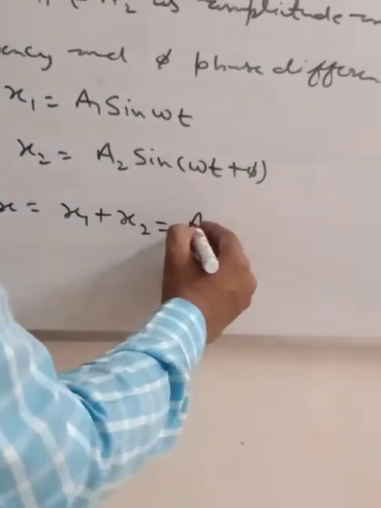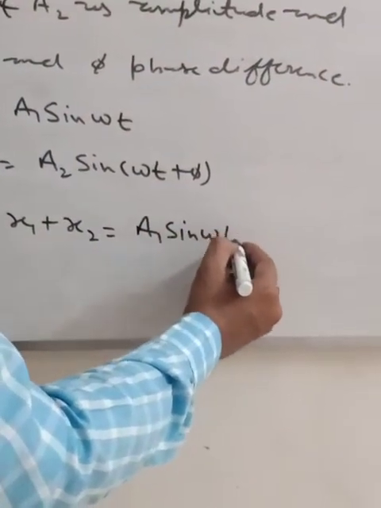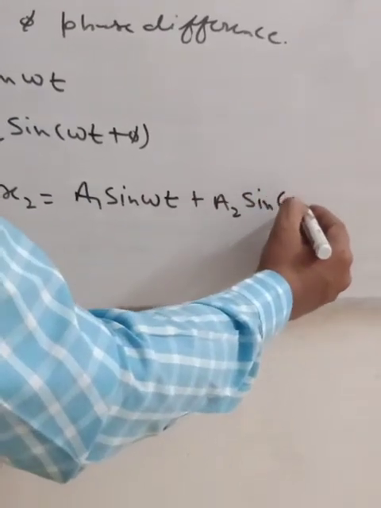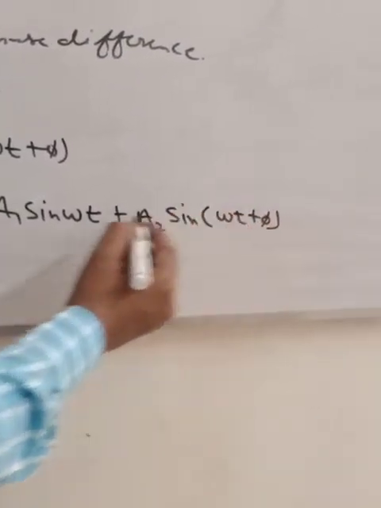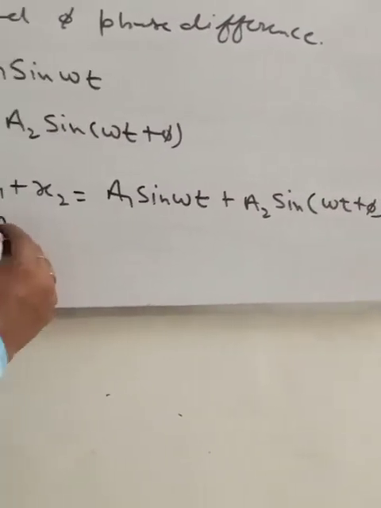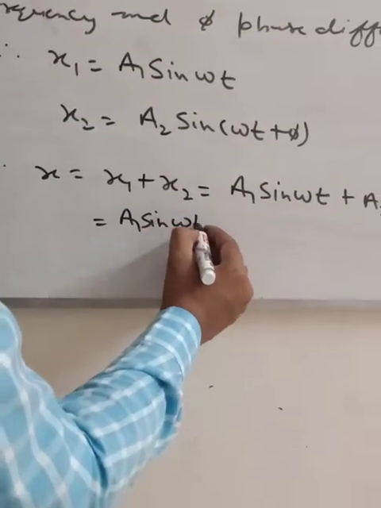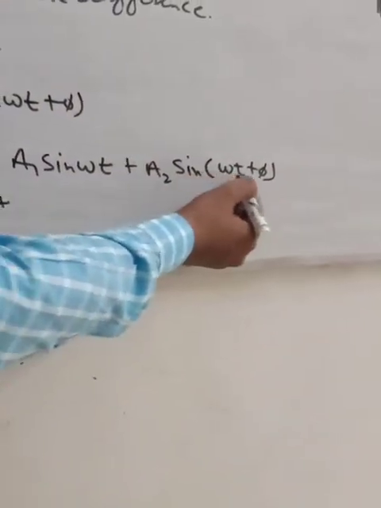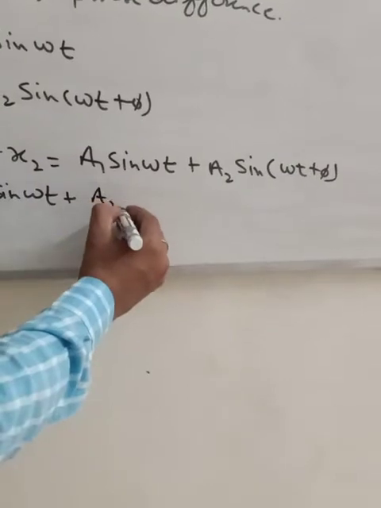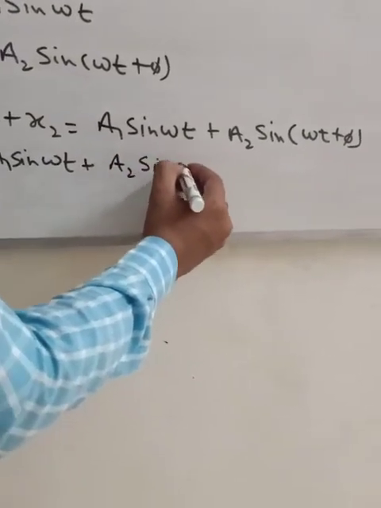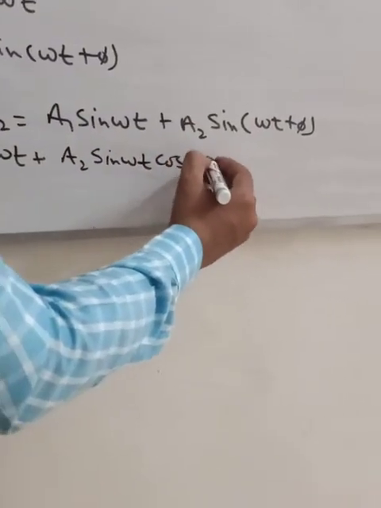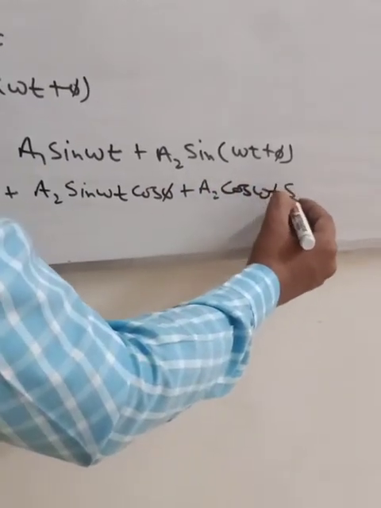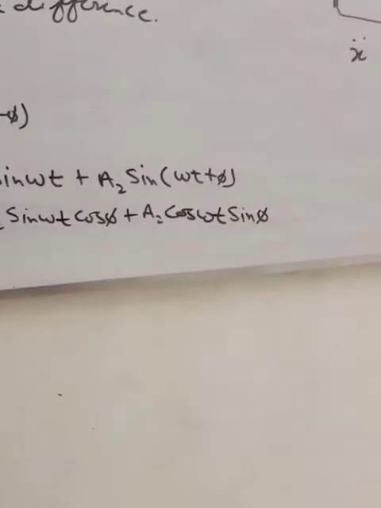By putting in the values, a1 sin omega t plus a2 sin of omega t plus phi, which is a1 sin omega t plus, using the trigonometric relation sin of a plus b, a2 sin omega t cos phi plus a2 cos omega t sin phi.